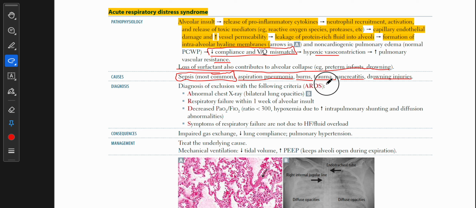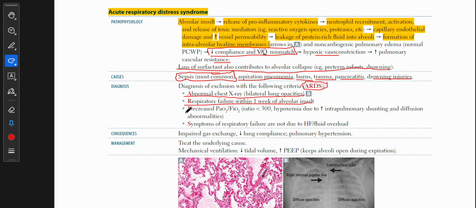Since it is a case of ARDS, the mnemonic is also ARDS. A is for abnormal chest X-ray, which shows bilateral lung opacities, and R is for respiratory failure within 1 week of alveolar insult. It normally has type 2 respiratory failure because there is both hypoxemia and hypercapnia.